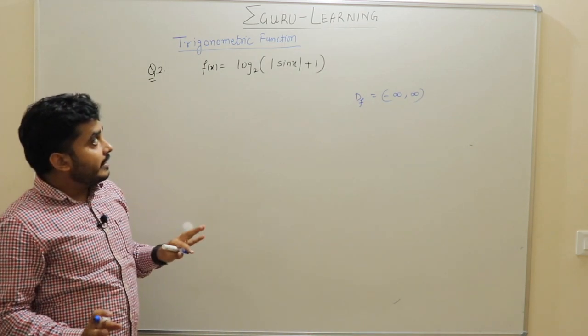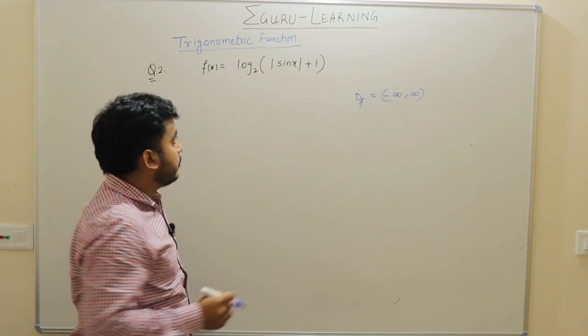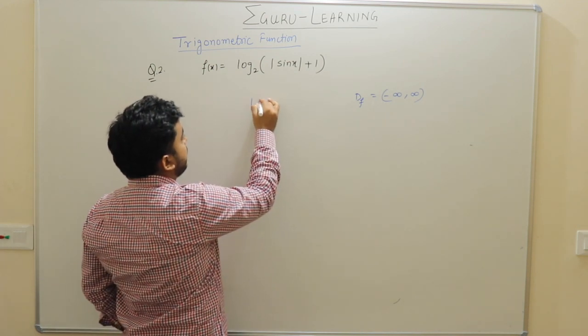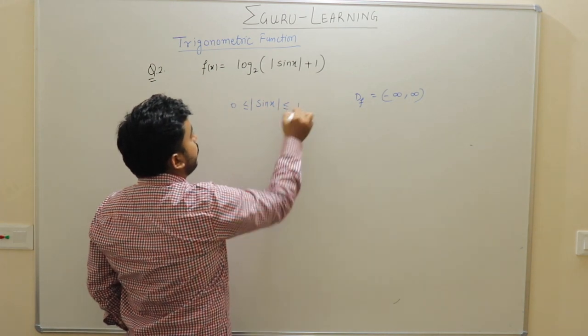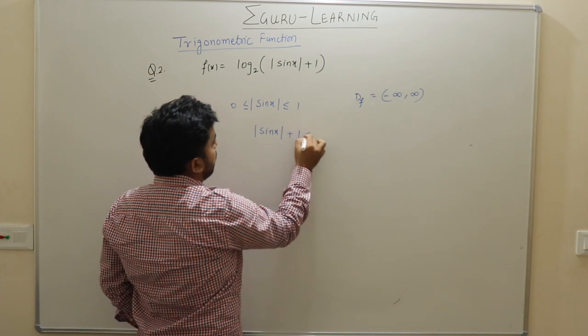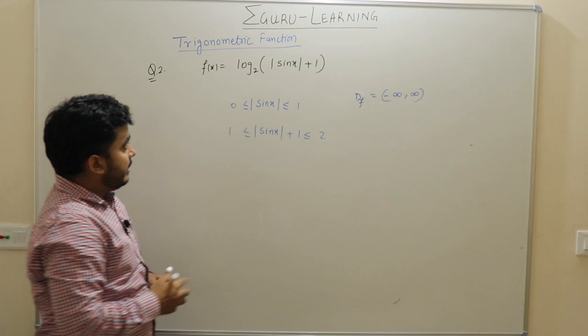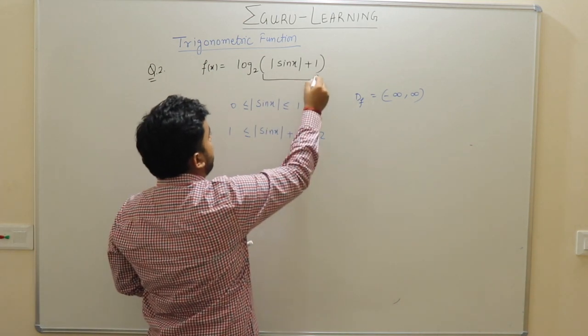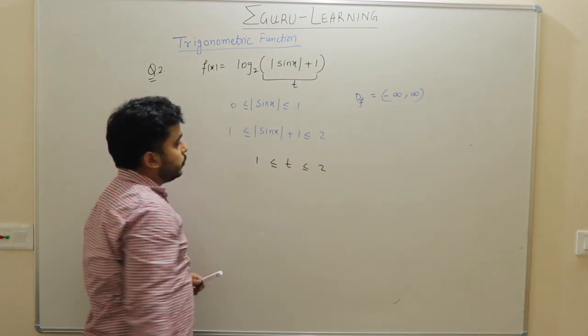Now it is easy to tell the domain, but to find the range of the function, we know that the range of mod sin x would be from 0 to 1. So adding 1 to this, that would be from 1 to 2. Let's assume this value as t. This value t is varying from 1 to 2.